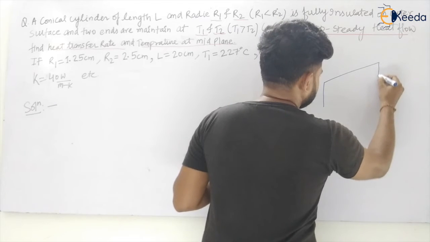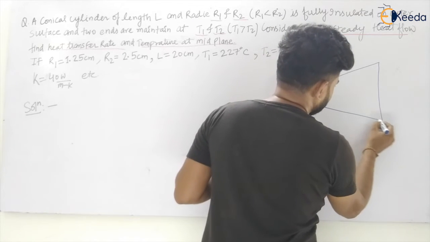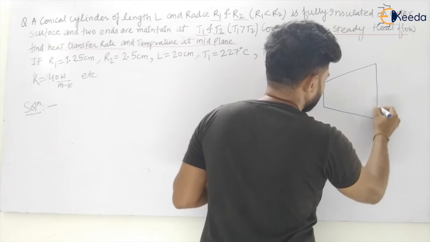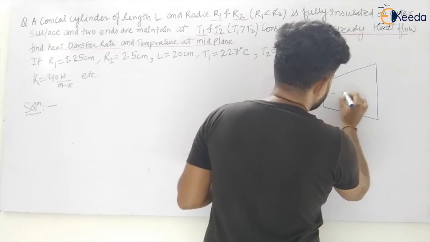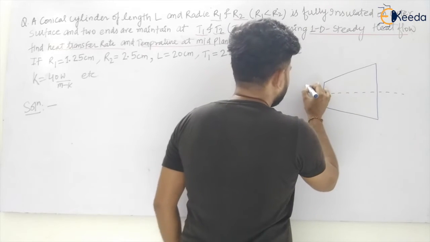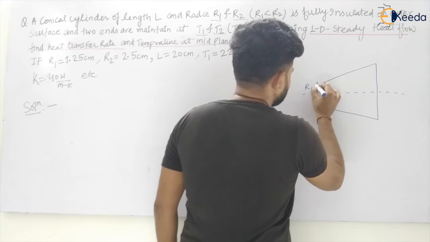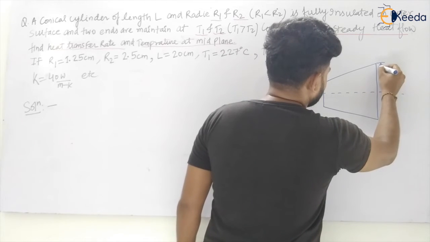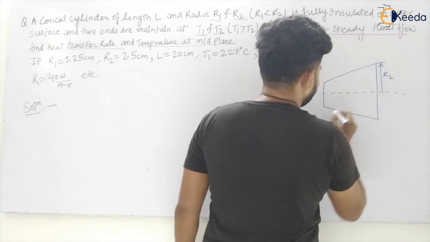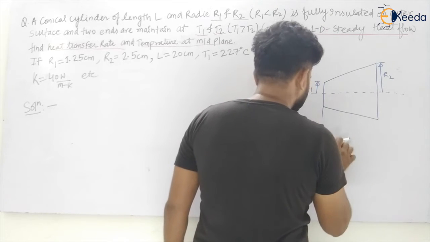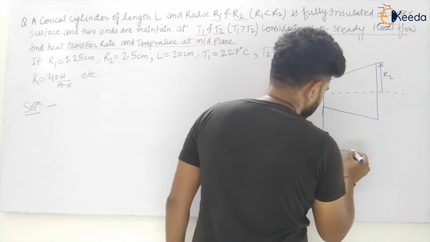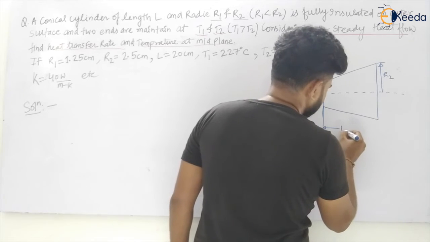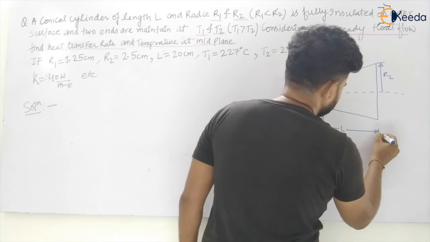So my dear students, they have given a variable section. So this is your R1 and this is your R2, and this is your X in this direction, and this is your length, my dear students, of that conical section.